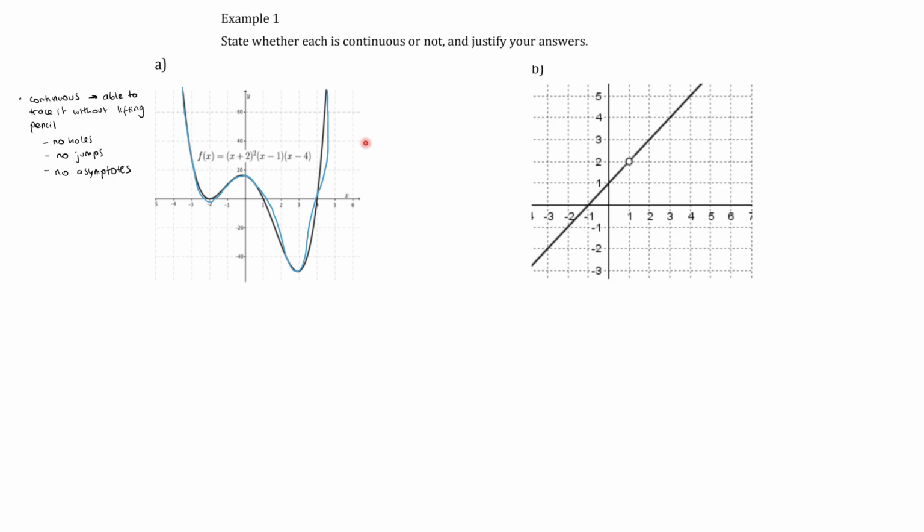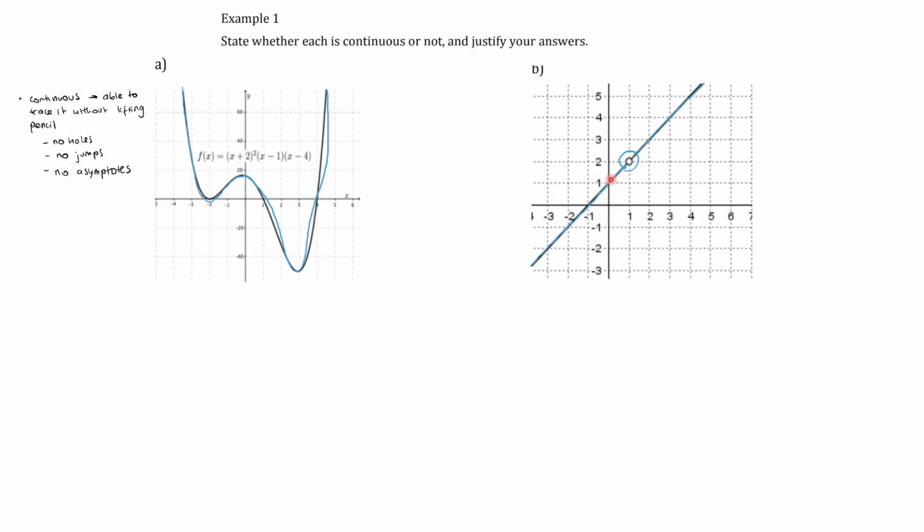Now, what if we have something like this? All right, so this function seems to be continuous. However, if I try to trace it, I'm going to come across that little area there that is a discontinuity.